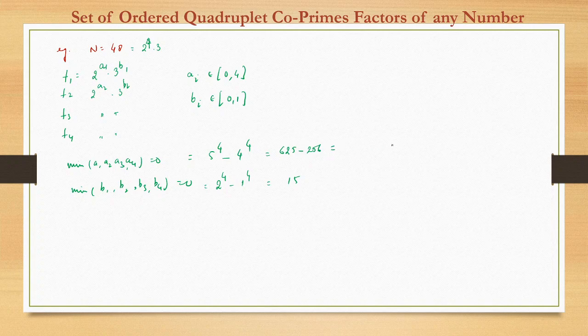So this we can write as 369 into 15. So the number of ordered quadruplets is 369 into 15. So this is the approach and the process to move ahead in the question.